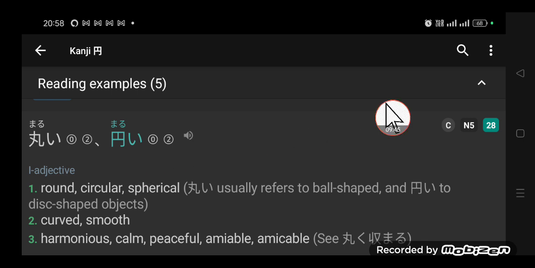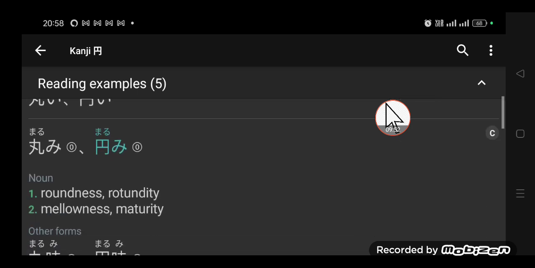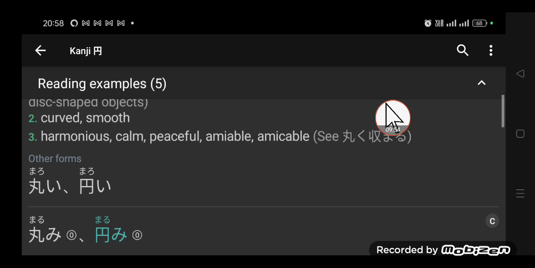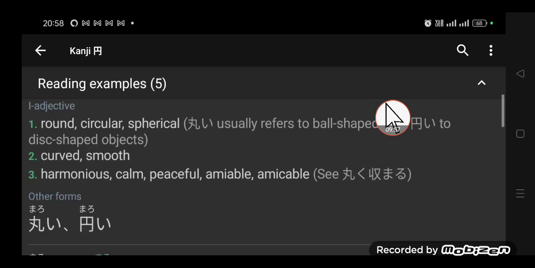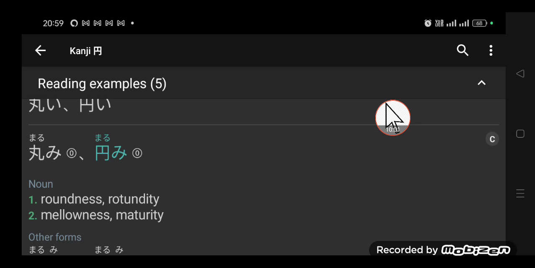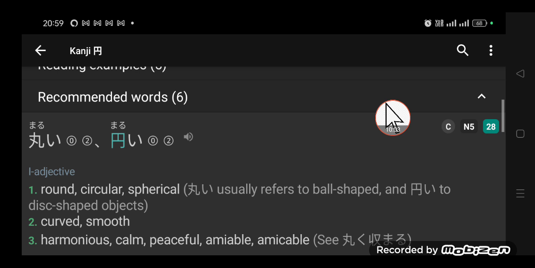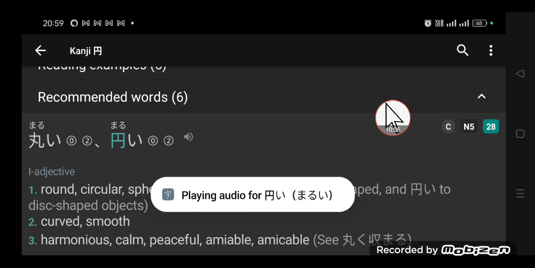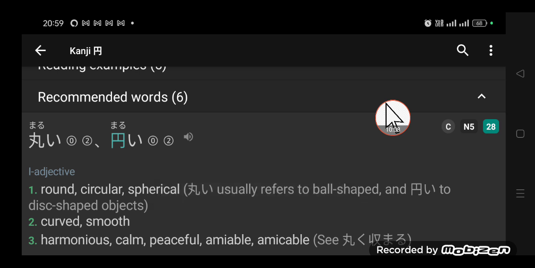They are both homophones, similarly sounding but different in kanji. Again, marui. Spherical is for this kanji. Disc shape is for this kanji.